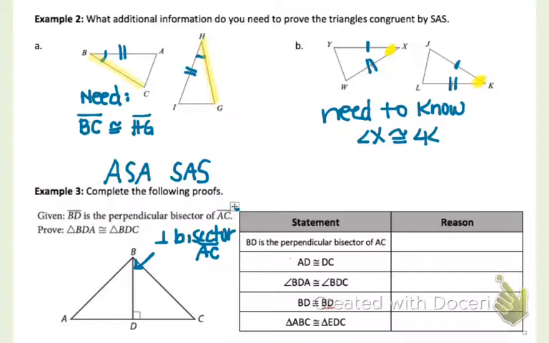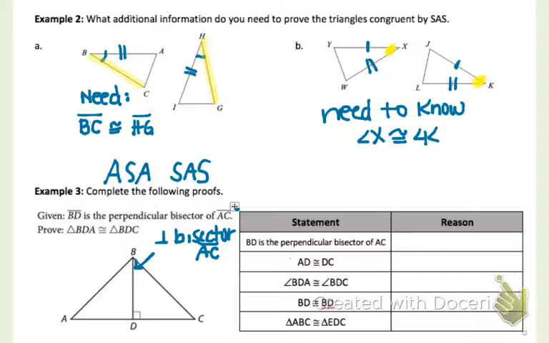That's all they give me. That's not a lot. In fact, they did not give me a single pair of congruent parts. So in my proof, I have to have 3 statements that prove parts of these two triangles are congruent, because those are the 3 parts that satisfy either ASA or SAS.